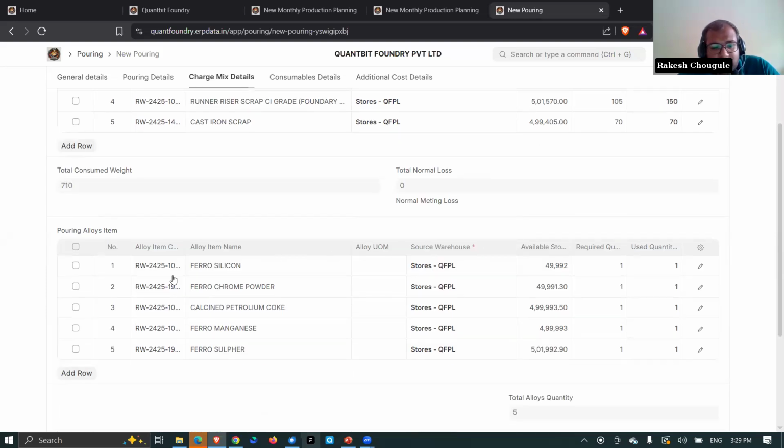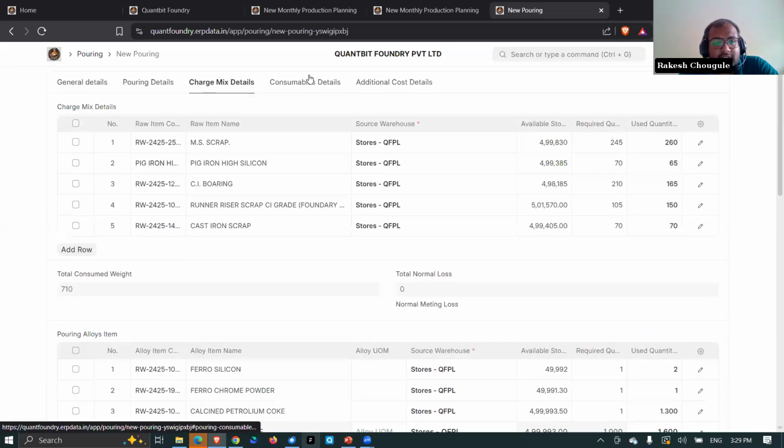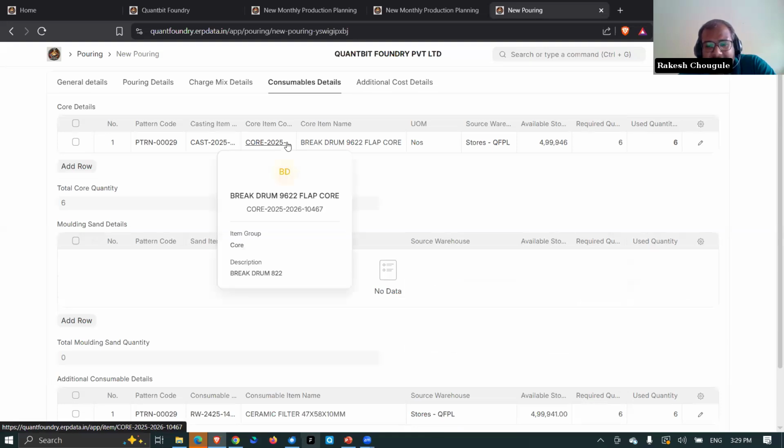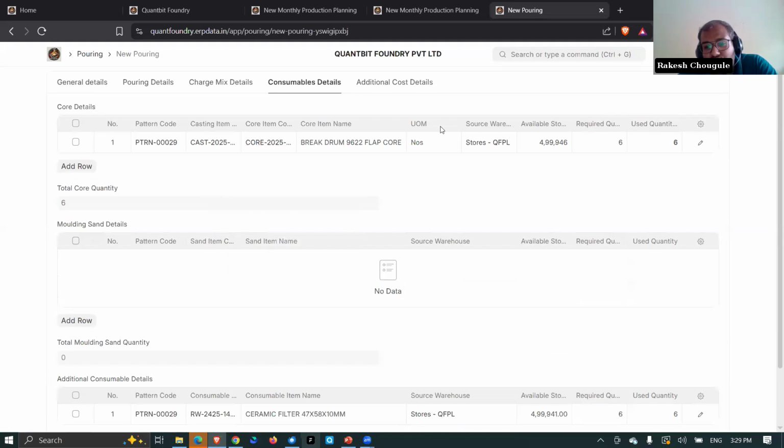Okay. So same here, alloys also, we can add which were actually used at the time of the melting process. After that, there are consumables. You can see here the core, the core production which we have made will come here, and at the time of melting or pouring, we consume the core.